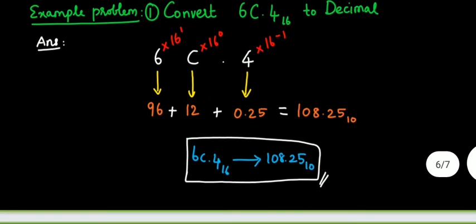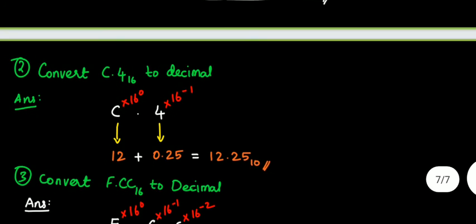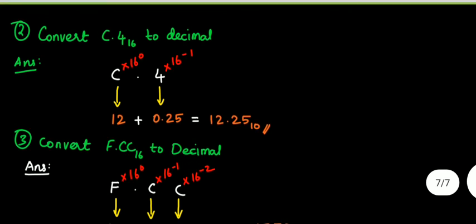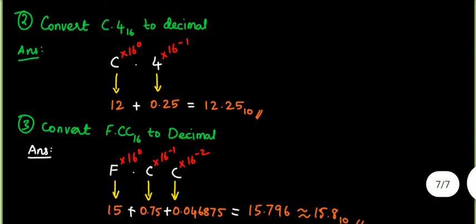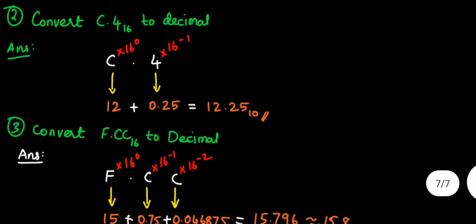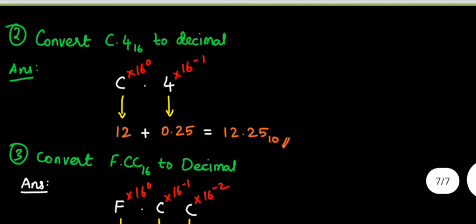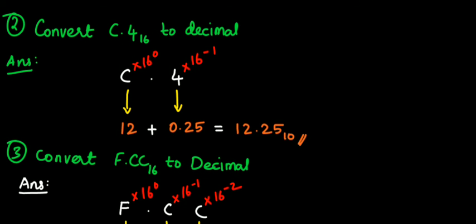I hope you understand these 3 conversions. We'll see 2 more problems for your better understanding. Convert C.4 to decimal. C.4 is a hexadecimal number.